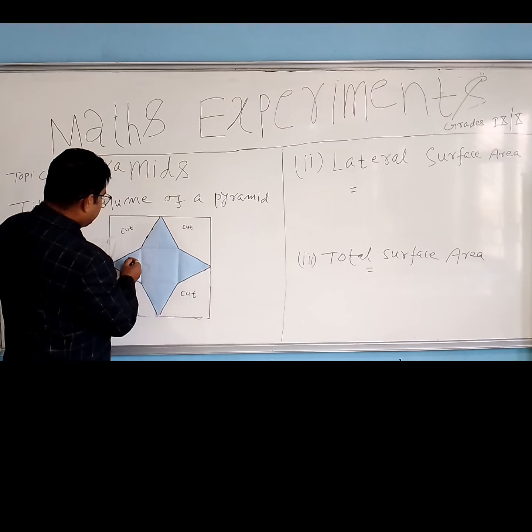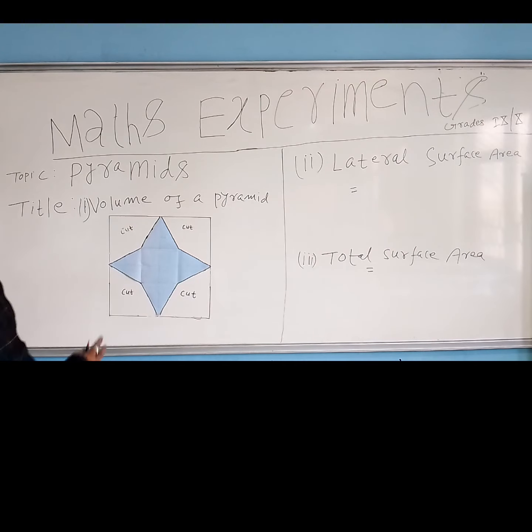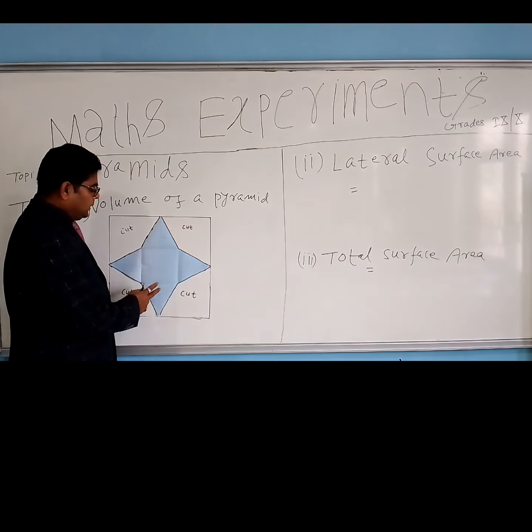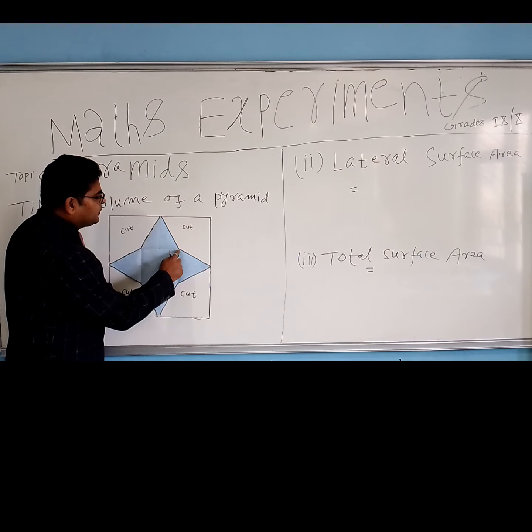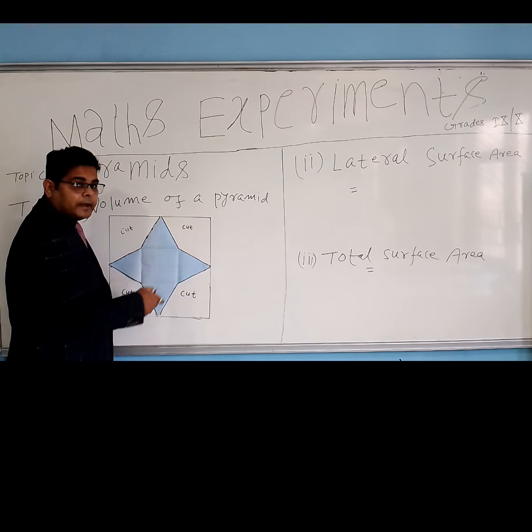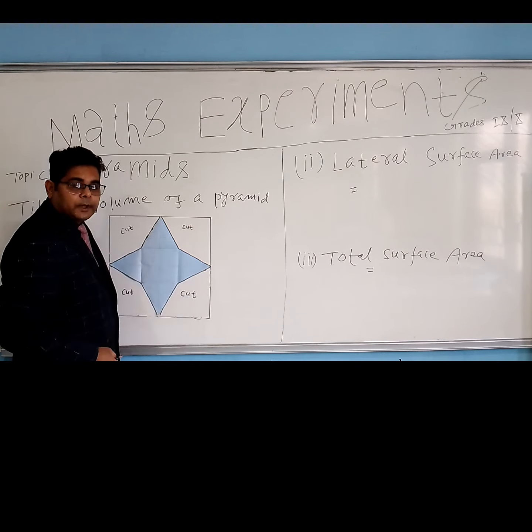So after that, once you have drawn the figure on this chart paper or the cardboard paper, and your framework is ready, apply a scissor or a cutter to cut this side gently, so that you should not lose the dimension or the size of the triangle or of this figure.